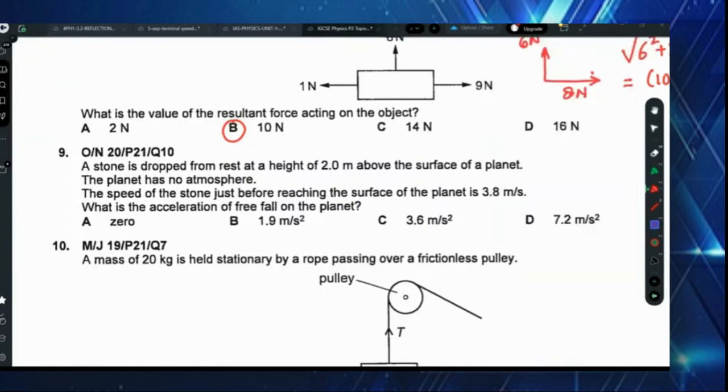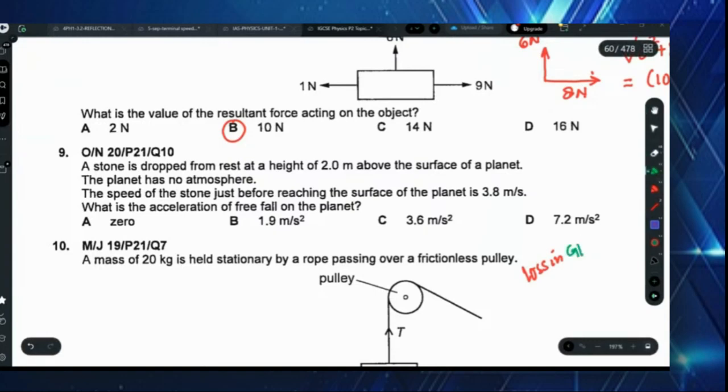Yes, because there is no work done against friction, the loss in GPE equals the gain in kinetic energy. There is only one way to solve this question.